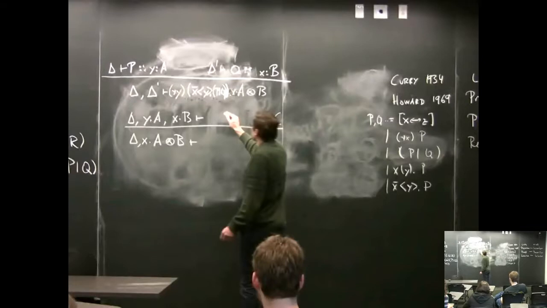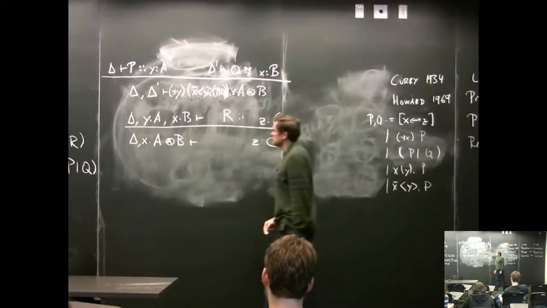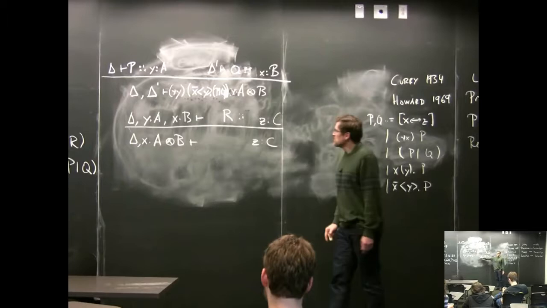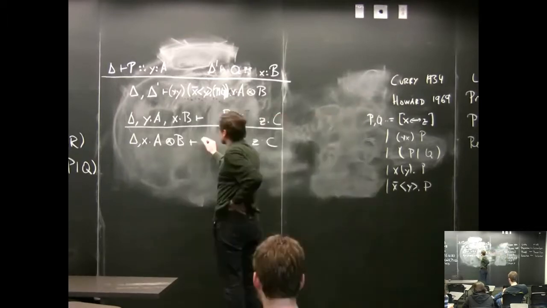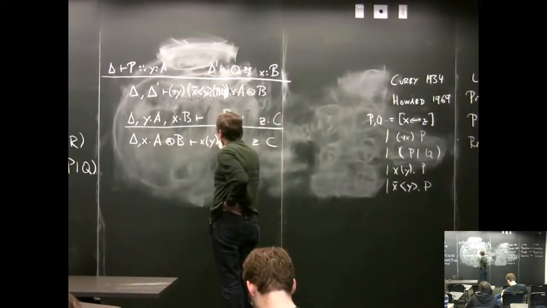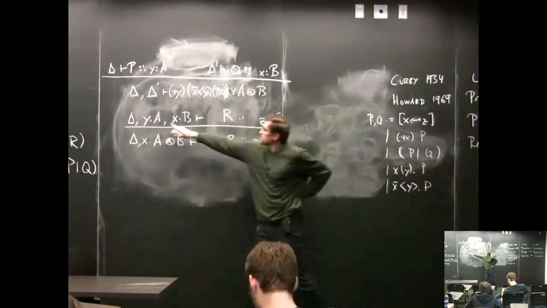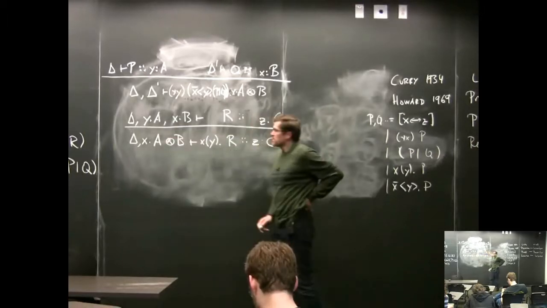Well, there's going to be some P here, or let me call it R. And so now, what is the computational interpretation of this? I think you want to input along X, and I'll give you what is actually the Y above. So we input along X a Y. The Y will have type A, and then we continue with X colon B.